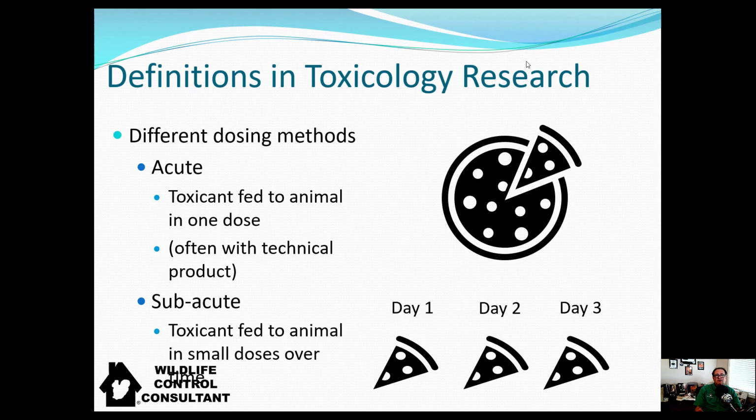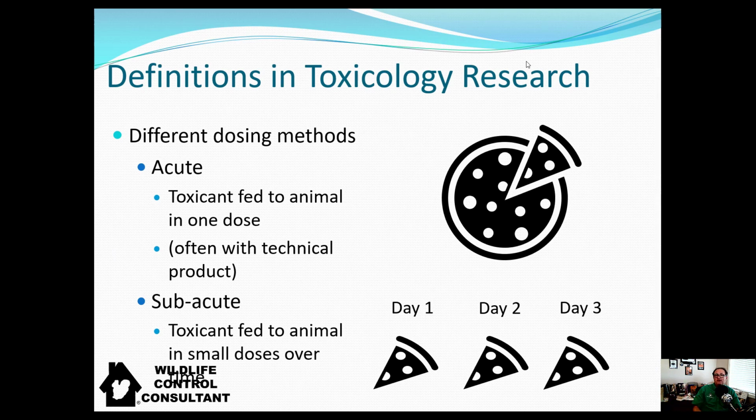Now you may say, well, Stephen, what's the big deal? I really don't care. Well, it matters because some poisons are actually more deadly when you take a little bit at a time over days.